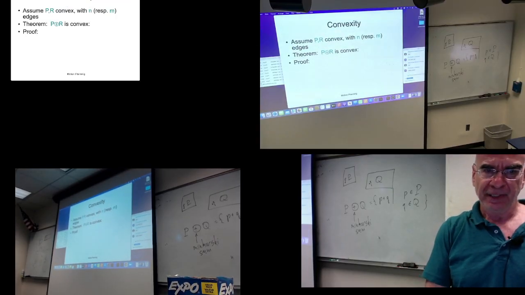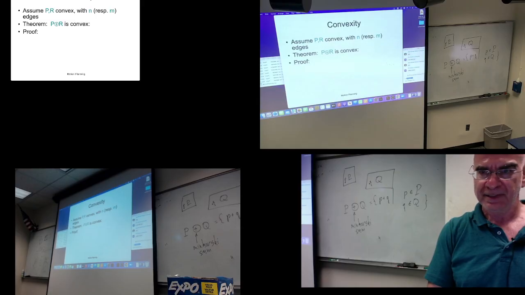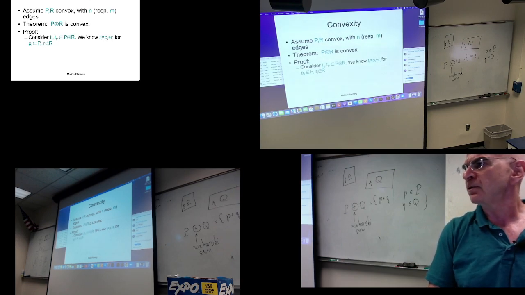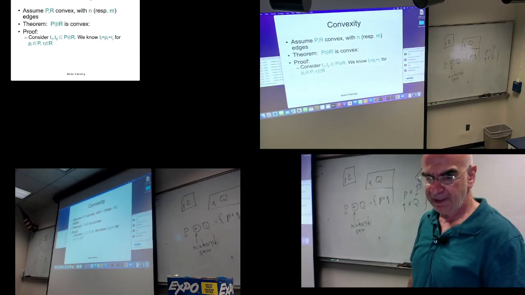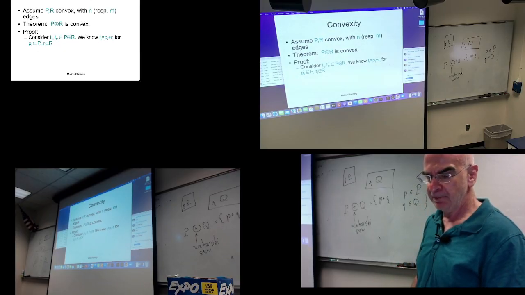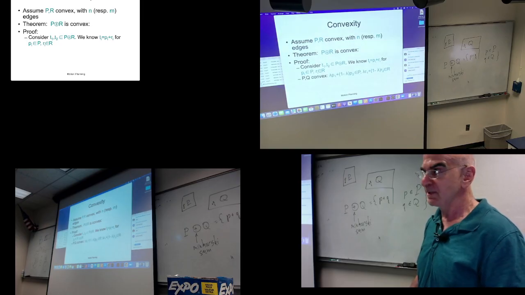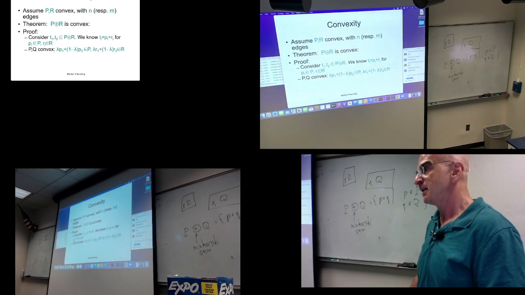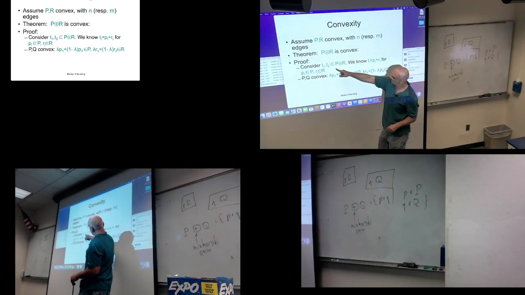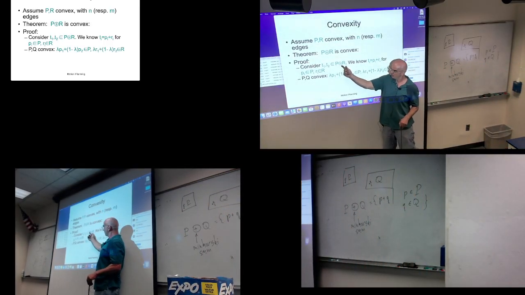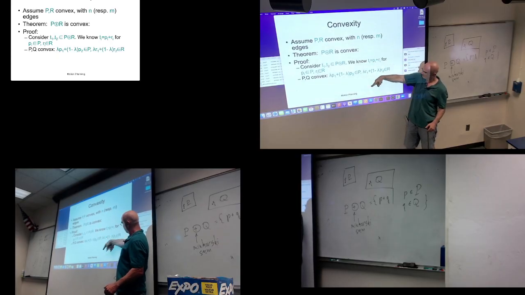Let's talk about convexity. Assume that P and R are convex and have n plus m edges, then the Minkowski sum of P and R is convex, and the proof follows directly from the definition of convex. It means that for every 2 points in it, the segment between them must be in the Minkowski sum. You have 2 points, T1 and T2, that are both in the Minkowski sum of these two shapes.